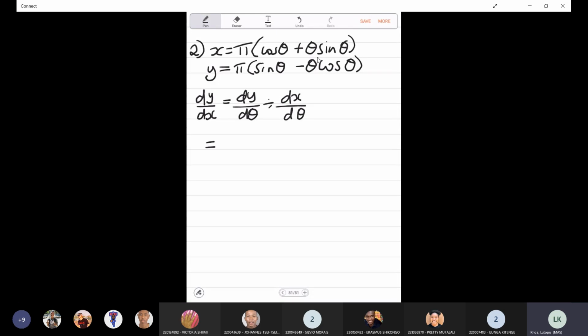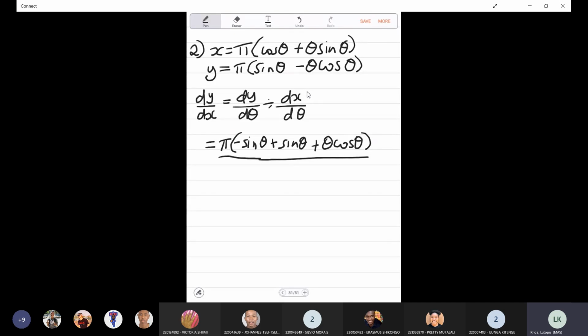So for the first one, dy/dθ, this is pi minus sin theta, and then the derivative of theta sin theta, this is sin theta plus theta cos theta. Then you can put it as a fraction because I'm dividing.